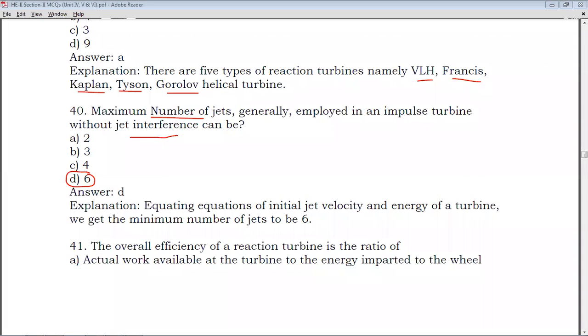MCQs from different websites are collected and kept on one website. If questions are asked in the exam, you will find them on these two websites. That is why I am telling you, please study the MCQs from these two websites so that you are better prepared for the examination. Okay, Sanfoundry and Examveda. Any other question?